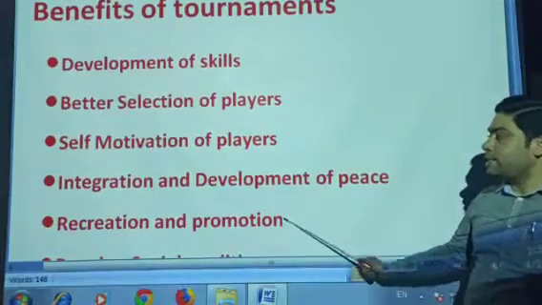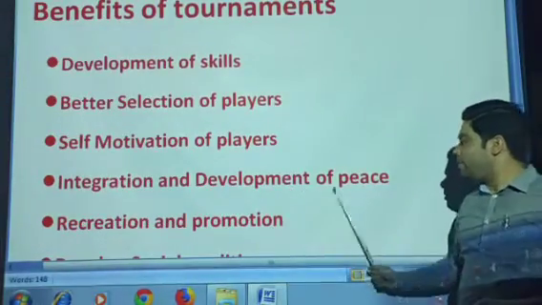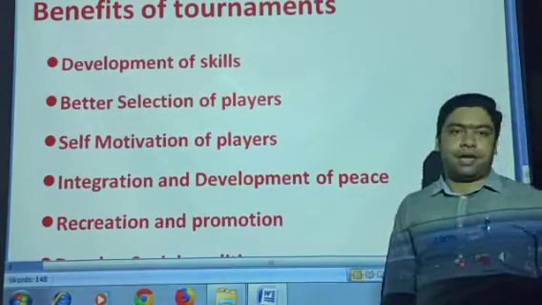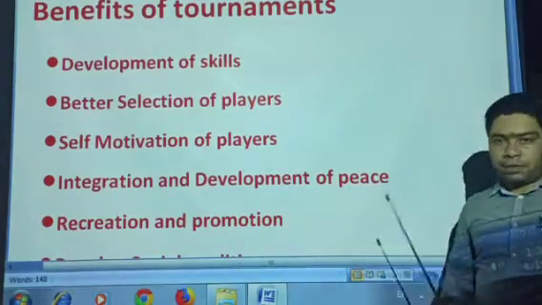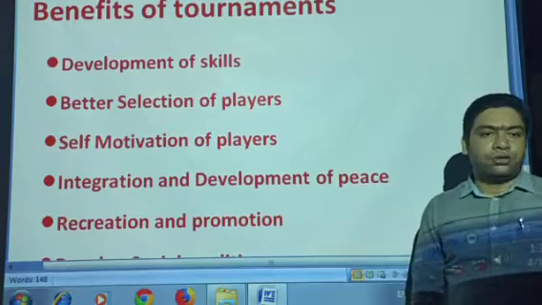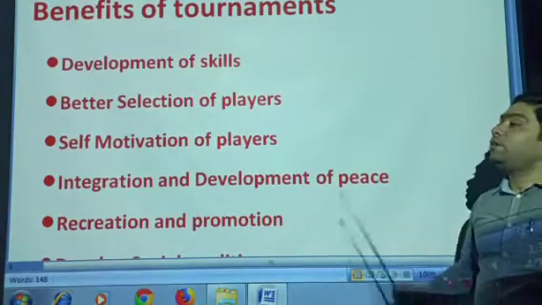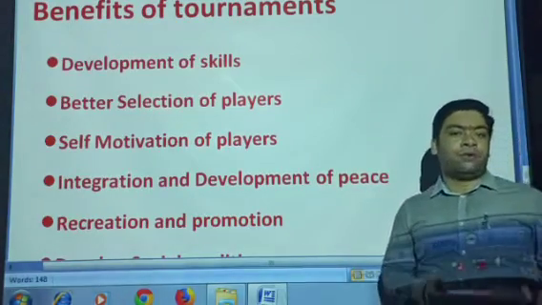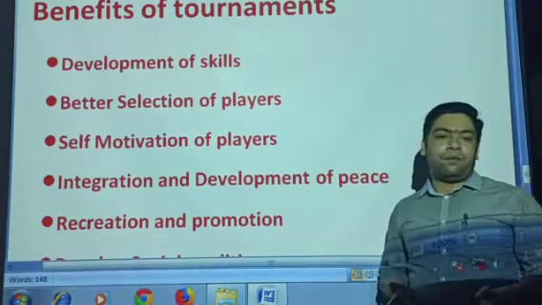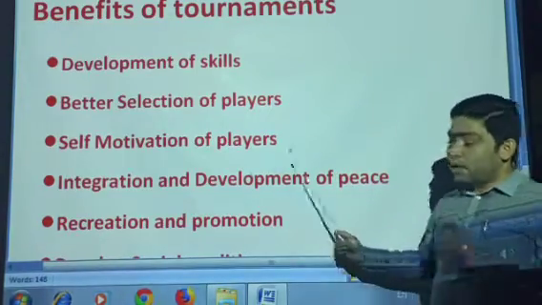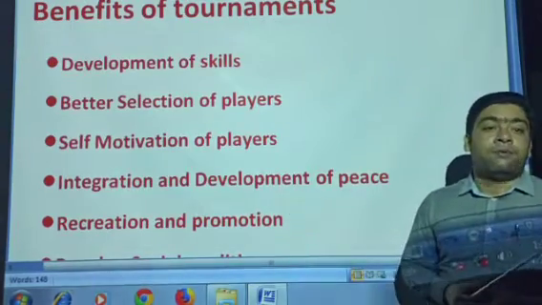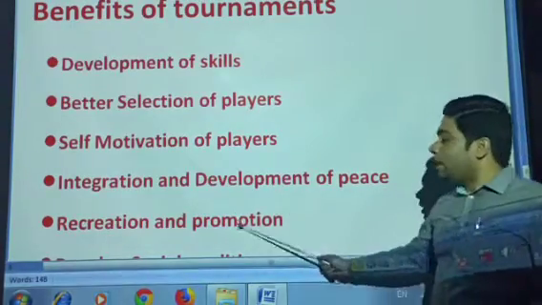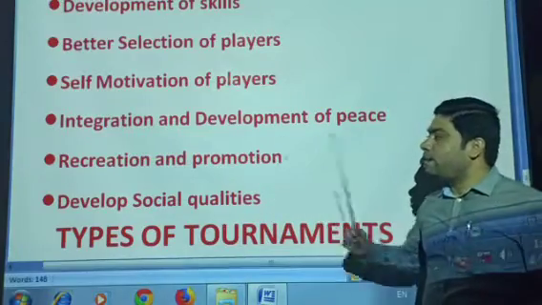The next one is integration and development of peace. That's why this is the main topic. Some of the countries which are not in a condition of peace, and are not so friendly, because of different tournaments like the Olympics, the World Cup, and these kinds of world meets, this integration makes our world peace better. Next is recreation and promotion.